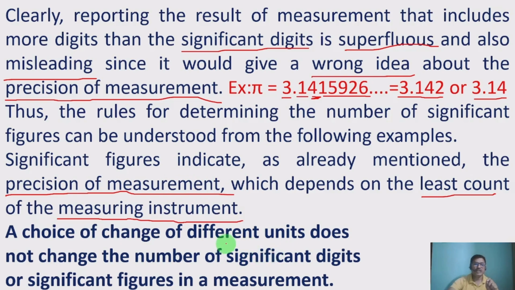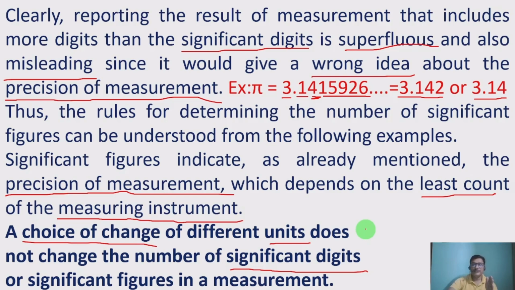The common rule to consider for taking significant figures is that the choice of different units does not change the number of significant digits or significant figures in a measurement.